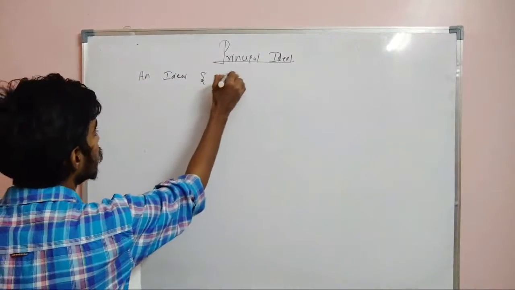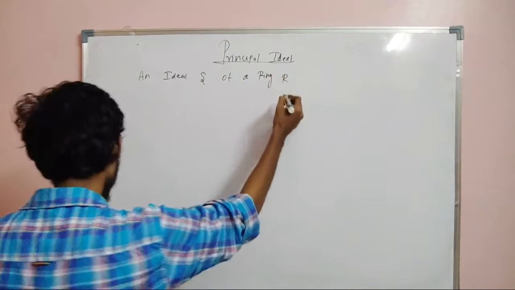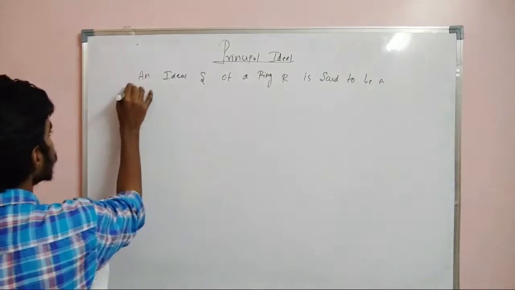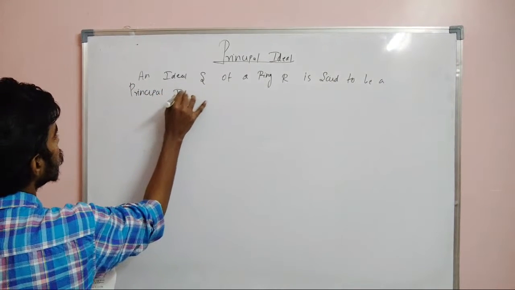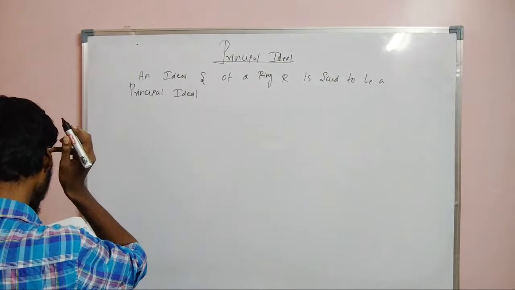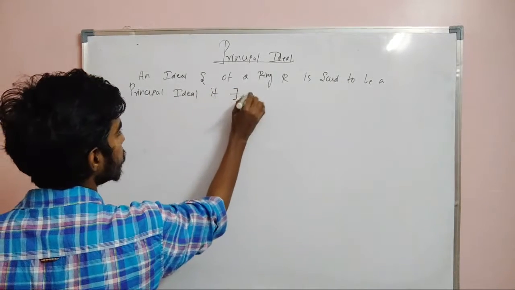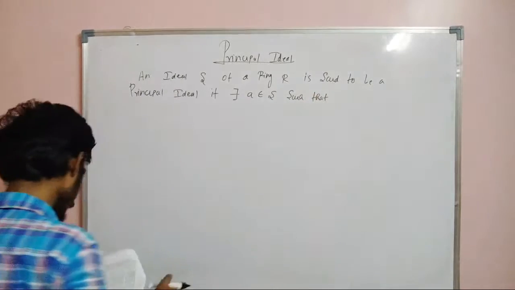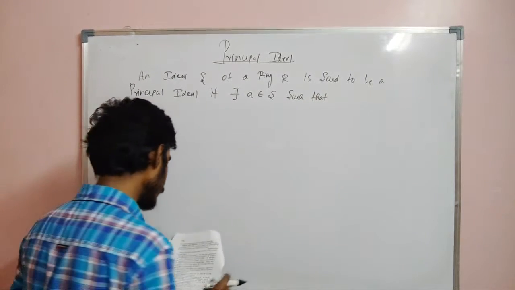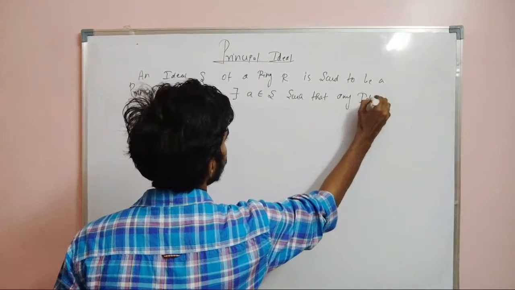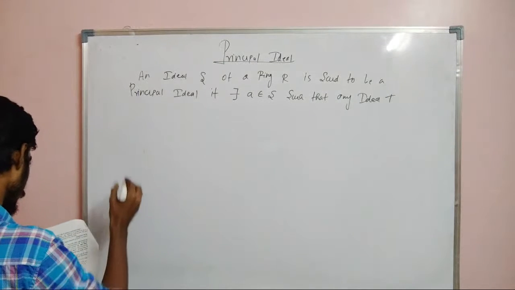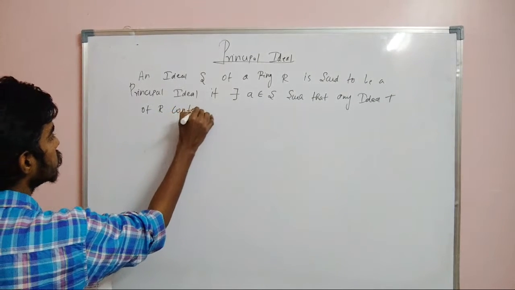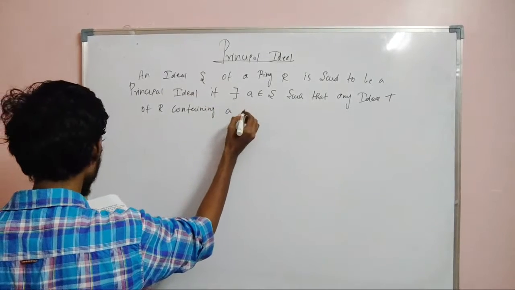An ideal S of a ring R is said to be a principal ideal if there exists an element A in S such that any ideal T of R containing A also contains S.